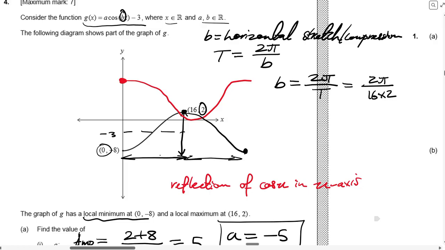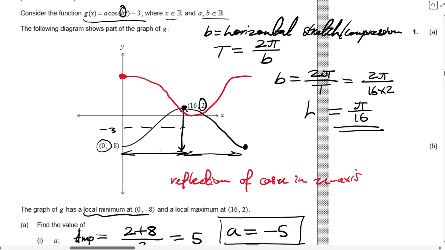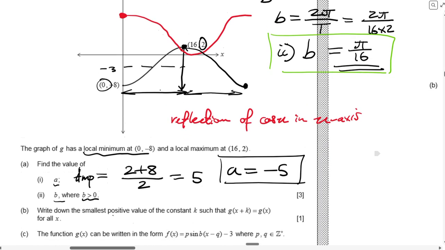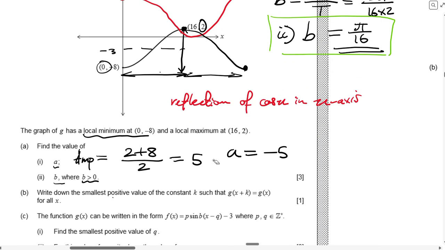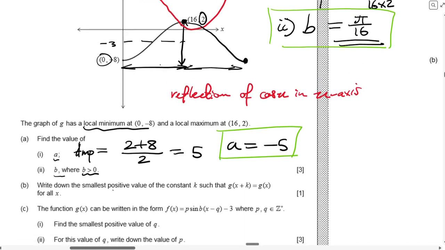So 16 times 2, that's 32. And what we have is pi over 16 is our b. So b is equal to pi over 16. That's part 2, that is our answer. And this is our other answer, a is equal to -5. Hopefully that's clear.